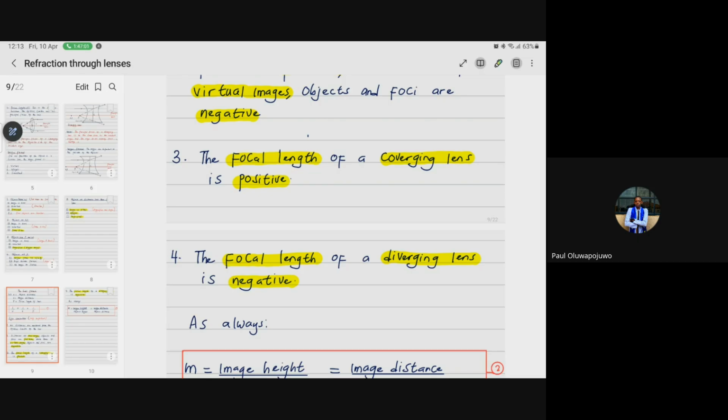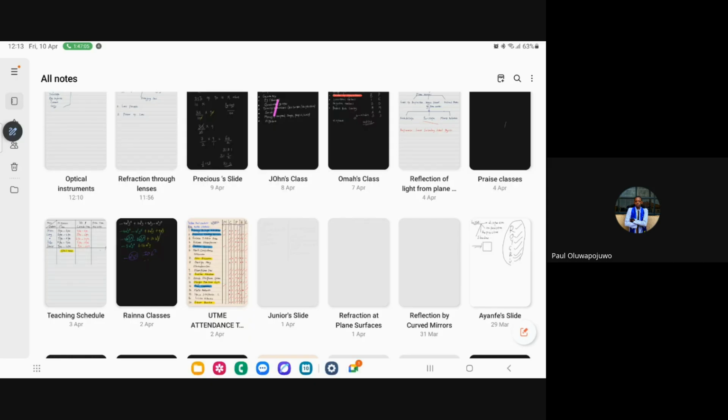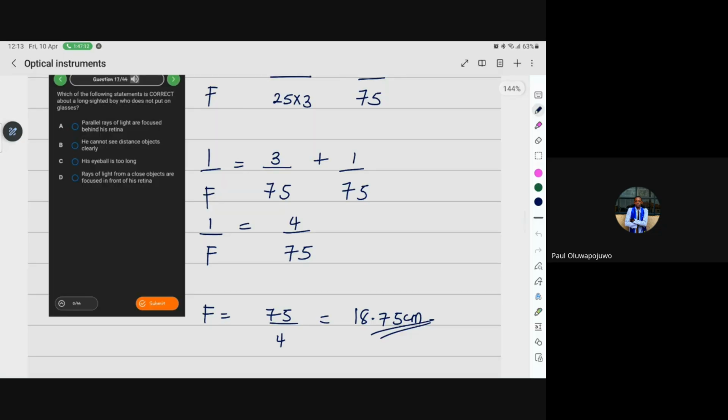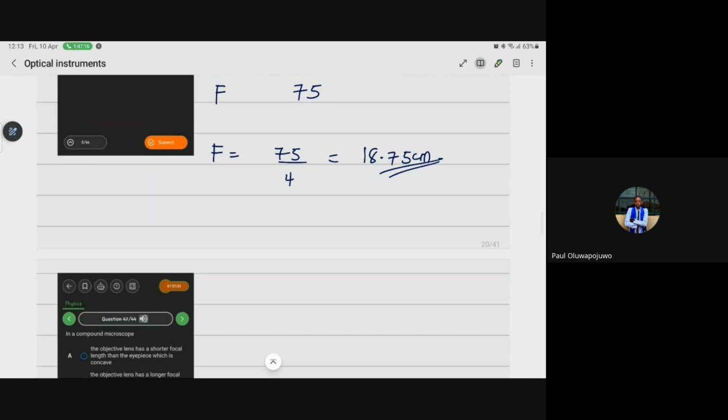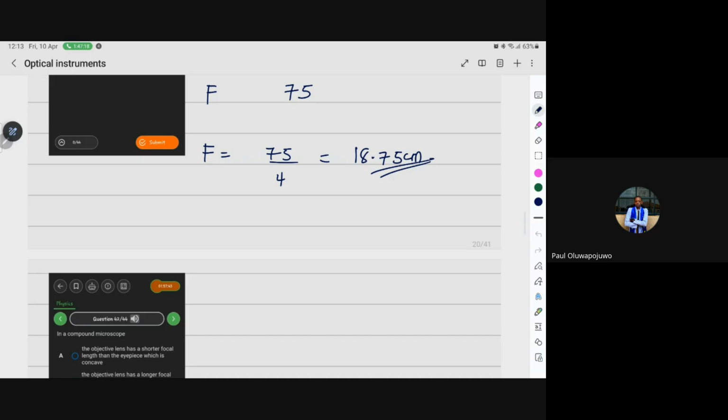All right, so now let me go back to that slide, and I want to check something. If it walks through, then we have nothing to worry about. So let's check. Just a quick one from my end.